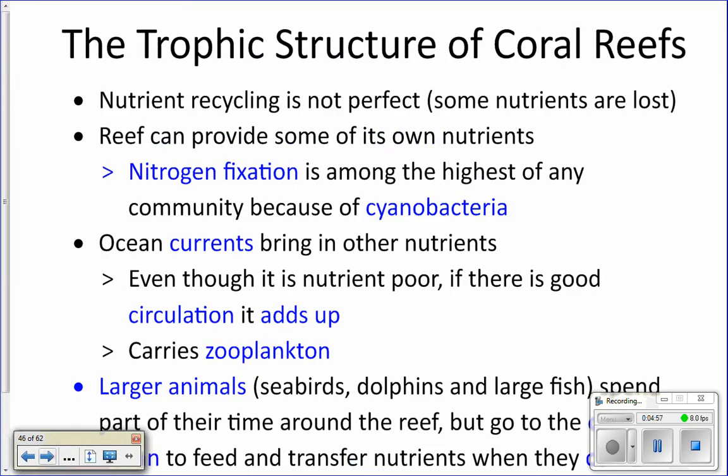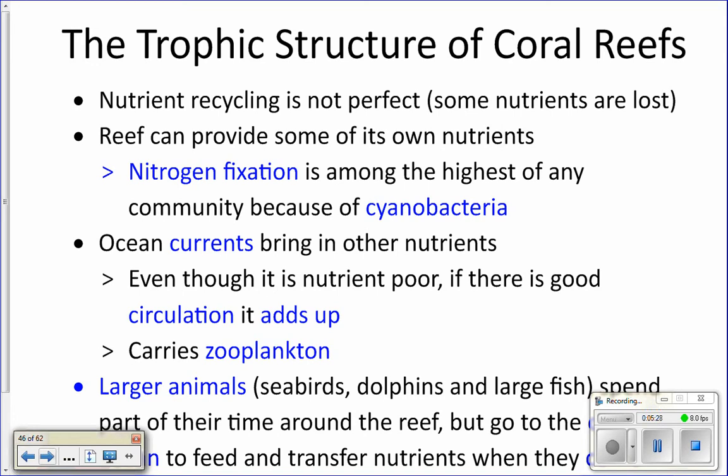Another way that new nutrients can be introduced is with nitrogen fixation. Do you guys remember, first semester, when we talked about cyanobacteria and the process of nitrogen fixation? Cyanobacteria take nitrogen gas and break apart the bonds between the nitrogen, and they can make it into ammonia and nitrates and nitrites, and those nitrates and nitrites are the fertilizer or the nutrients that many primary producers need, right?